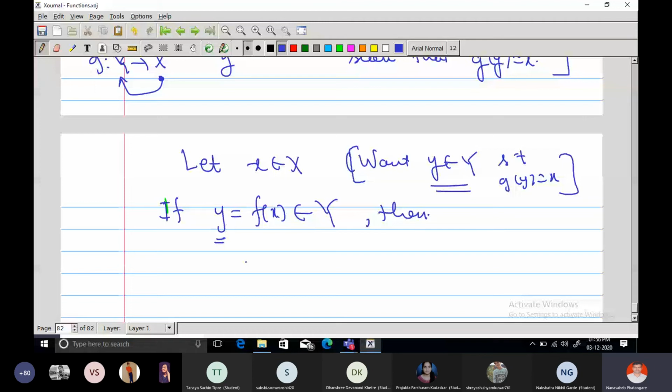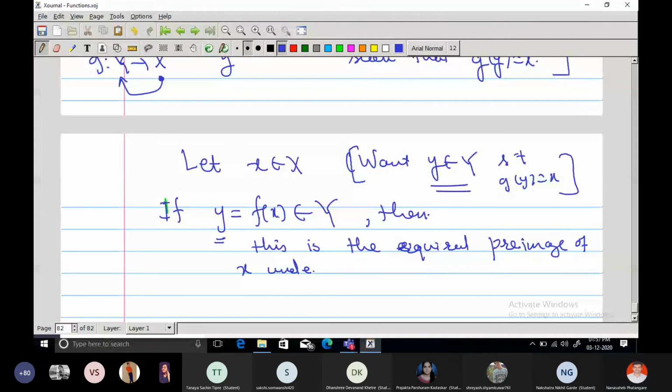Then, this is the required pre-image of x, pre-image of x under g.